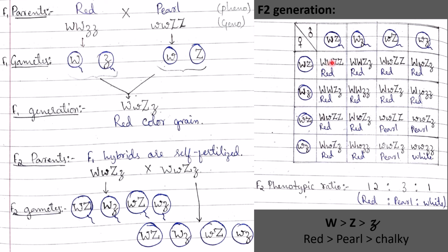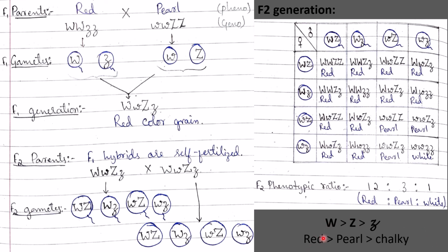To avoid confusions, I'll fill all the squares with the genotypes first. I'll combine these two. So these two, if I consider capital W, capital Z, and these two, capital W, capital Z, small z, and so on. Every square will be filled with genotypes first, and then to predict the phenotypes, I can take help of this particular analysis here.